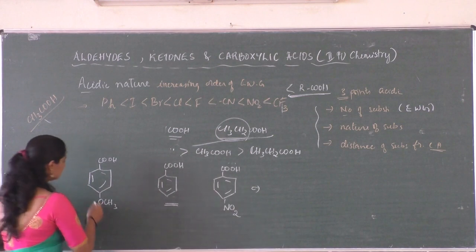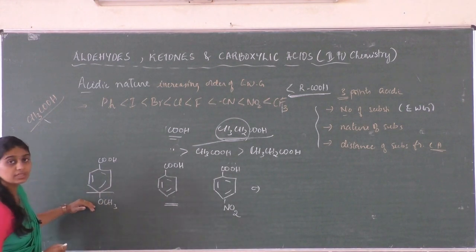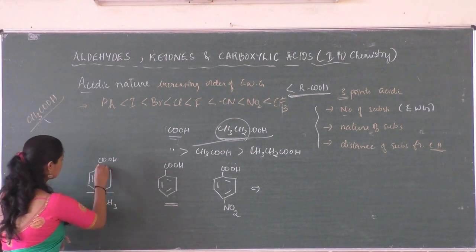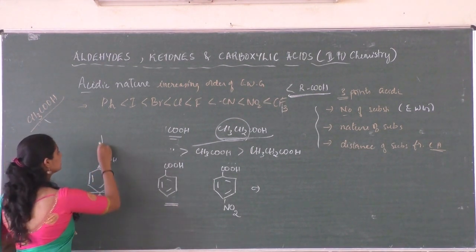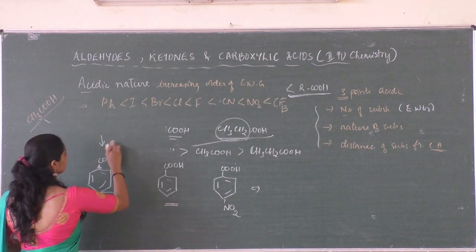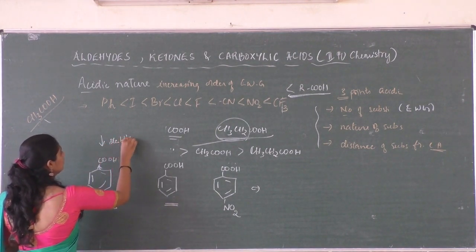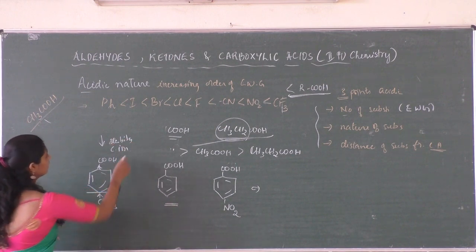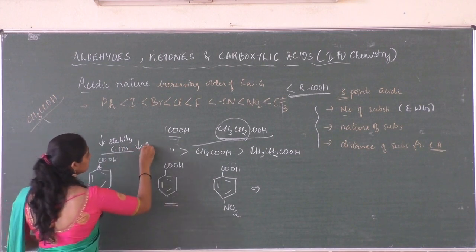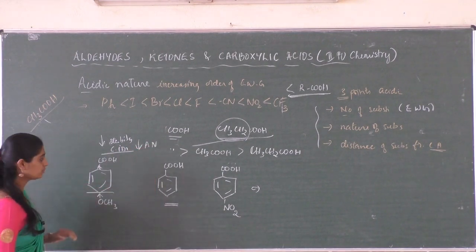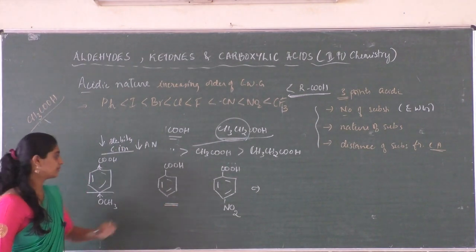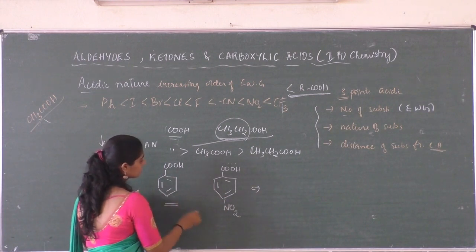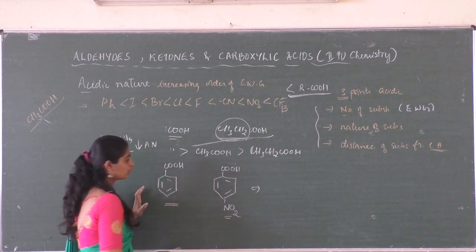That is because here the benzoic acid is attached with the electron donating group, so it tends to donate electrons, and therefore it decreases the stability of the carboxylate ion, and thereby decreases the acidic nature when compared to this. If I consider these two compounds, this carboxylic acid is attached with the nitro group at the para position.